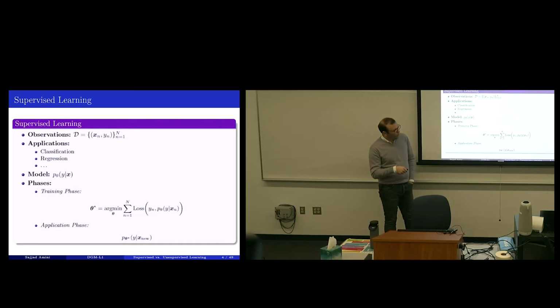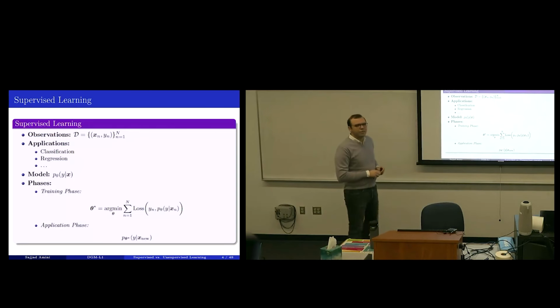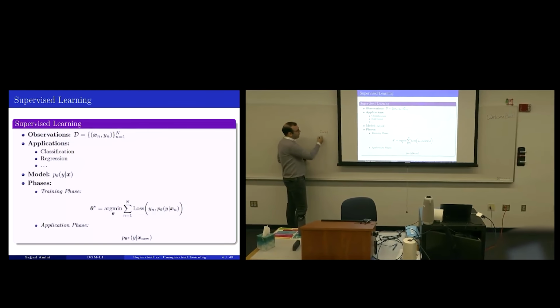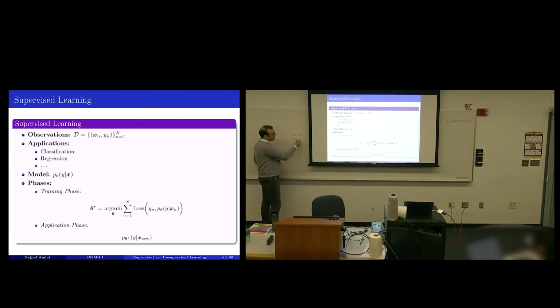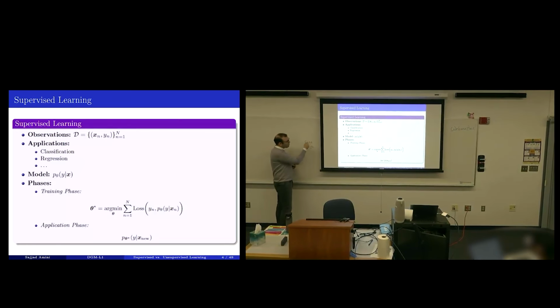for a new input. It means that, for example, you have a problem of discriminating between cats and dogs. You have two cases, cats and dogs. You want to define a distribution over these two types of categories.